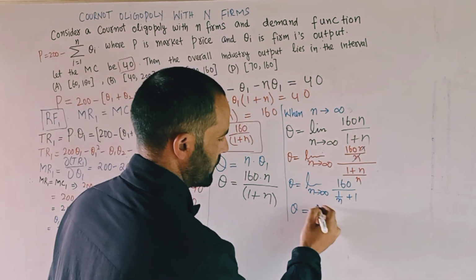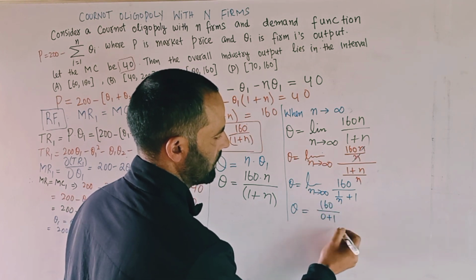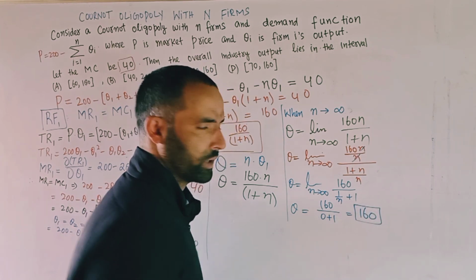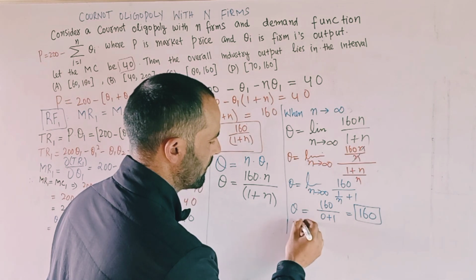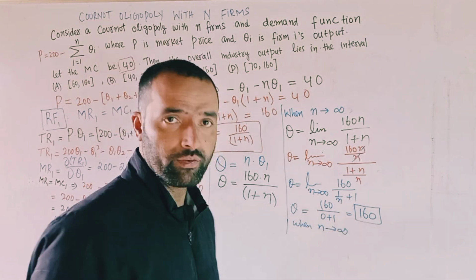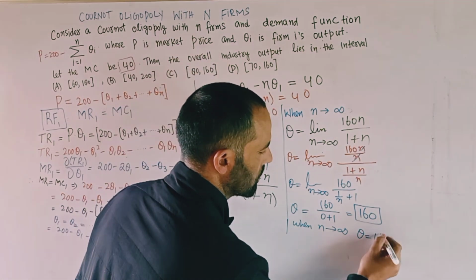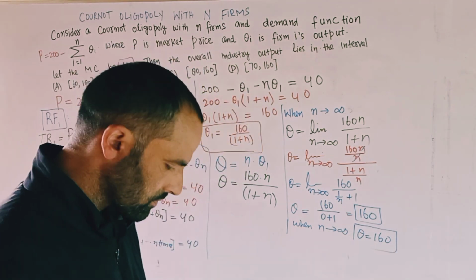That means we will get 160 divided by 0 plus 1, which gives us industry output as 160. So when we have infinitely large number of firms, our output will be equal to 160. So we got one side of the interval.